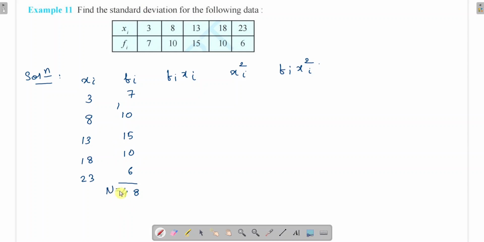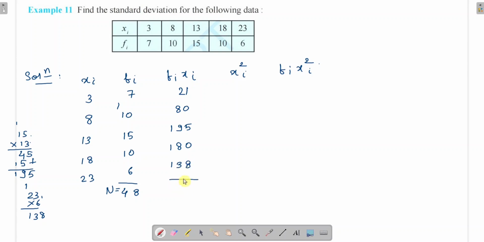So this is capital N. Then fi xi: 7 times 3 is 21, 10 times 8 is 80, 15 times 13 is 195, 18 times 10 is 180, and 23 times 6 is 138, right.